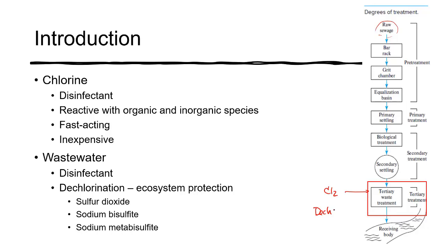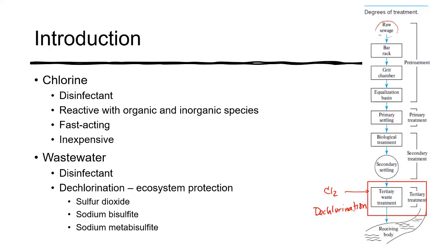So we have a dechlorination step. So chlorine is added as a disinfectant. It's reactive with both inorganic and organic species, but really in this case, it's added in order to react with the microorganisms that are present in the wastewater. It's typically fast acting, and it's added because it's inexpensive.